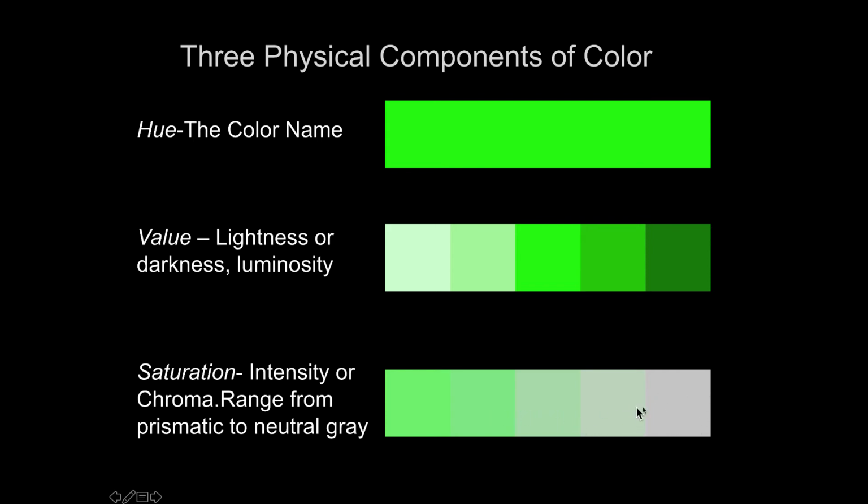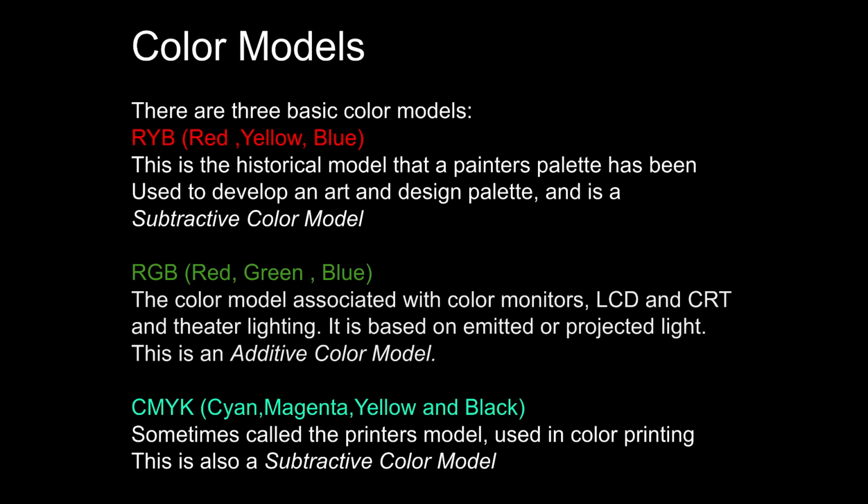These are called chromatic grays, and we'll do a project with chromatic grays. But this is to show you that the saturation changes. So down here we've got a neutral gray. This is a very, very desaturated yellow green, whereas here it's a very highly saturated or very intense yellow-green.